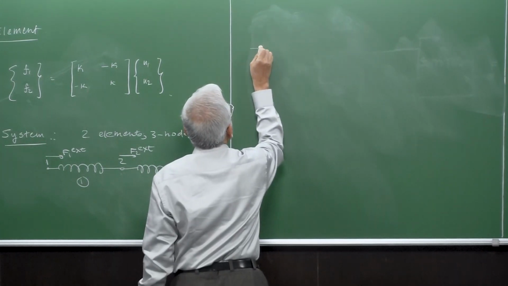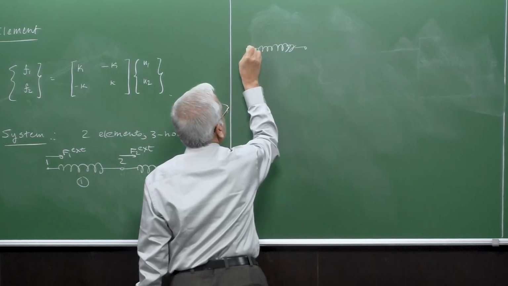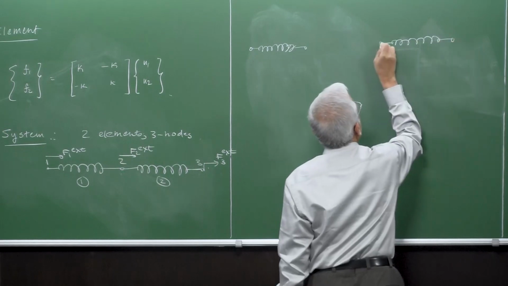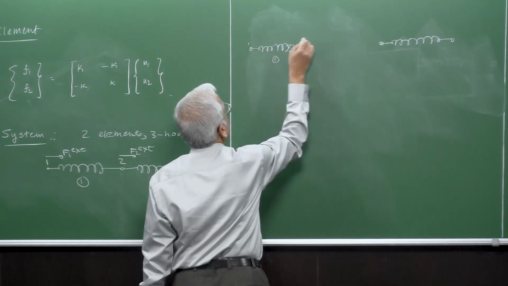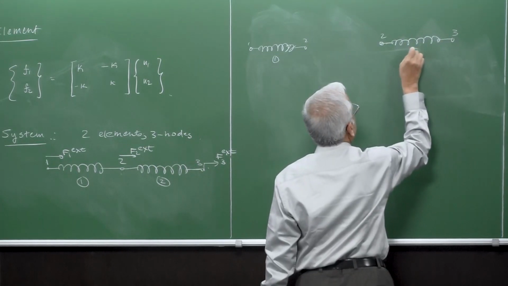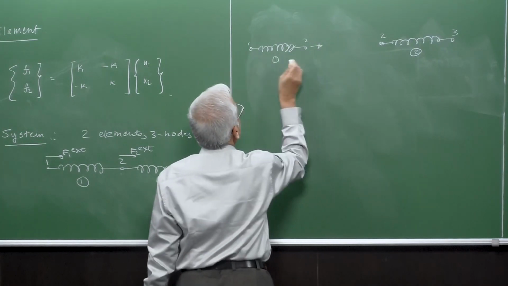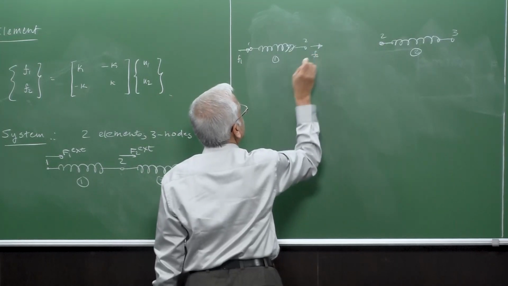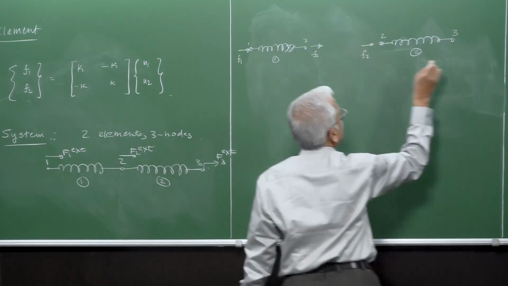So let's look at this element. This is element 1, and this is element 2. Element 1 has nodes 1 and 2, and this one has nodes 2 and 3. The forces here are F1 and F2, and here we call them F2 and F3.